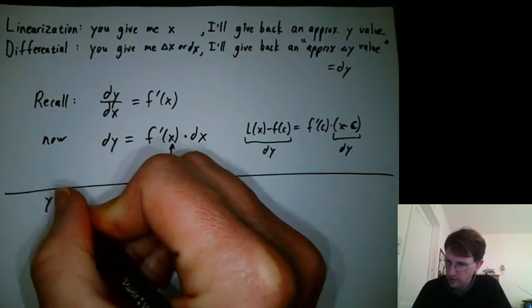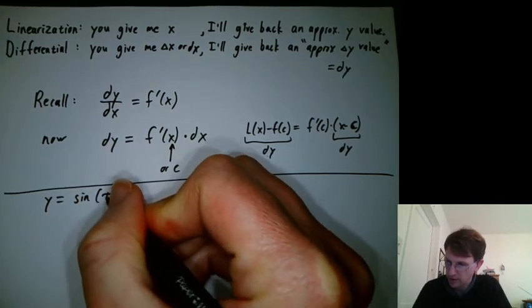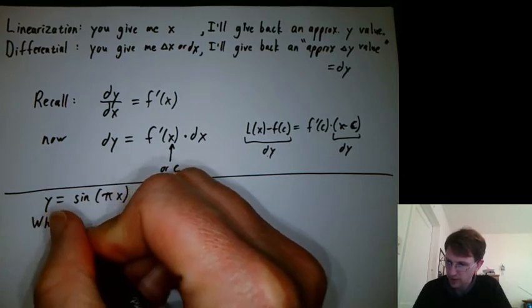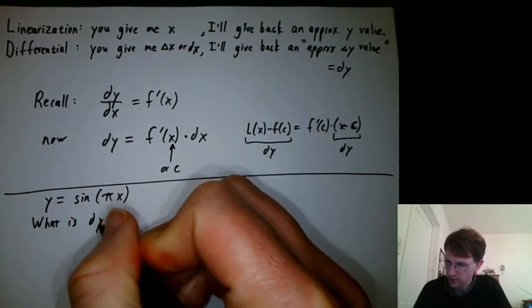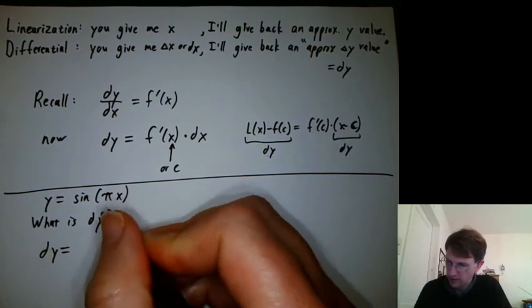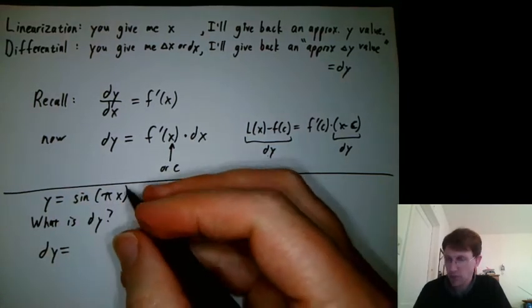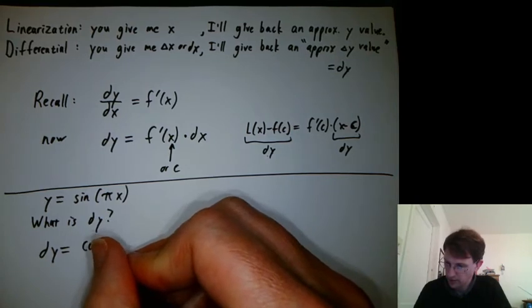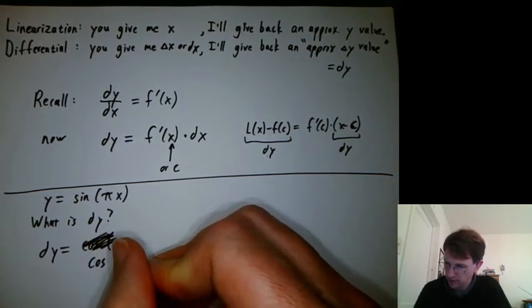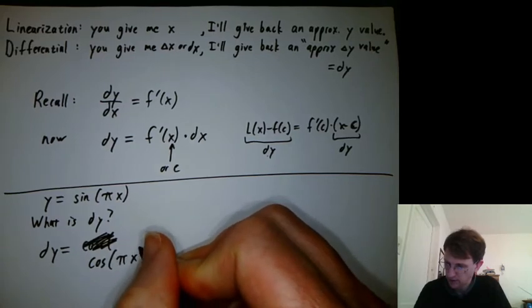So if we said y equals sine pi x, and someone asked, what is dy? We would say dy is, well, what's the derivative of sine pi x? Derivative of sine is cosine. Cosine pi x.